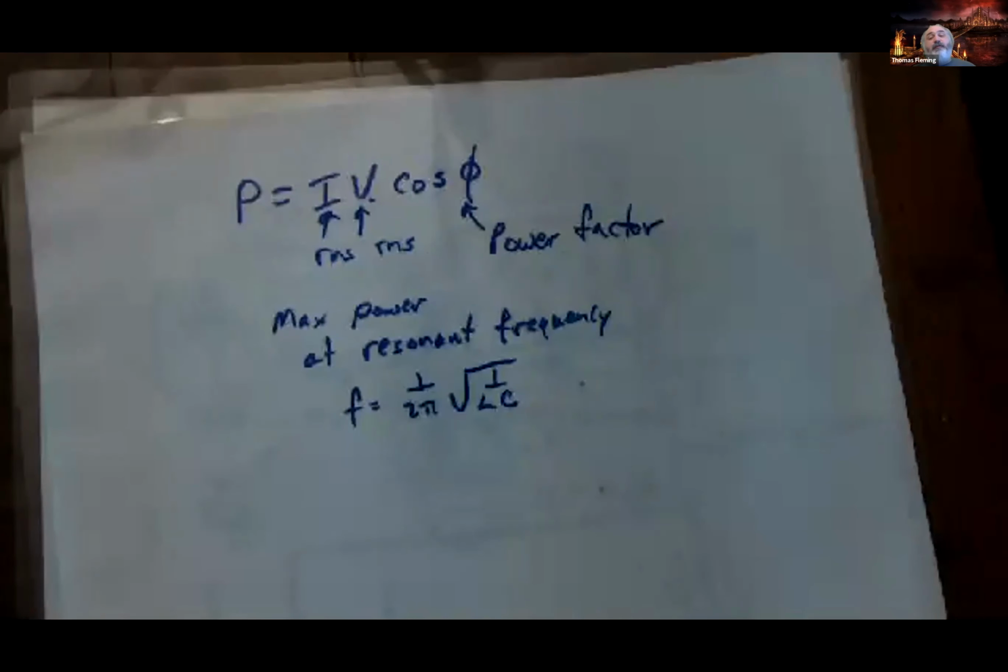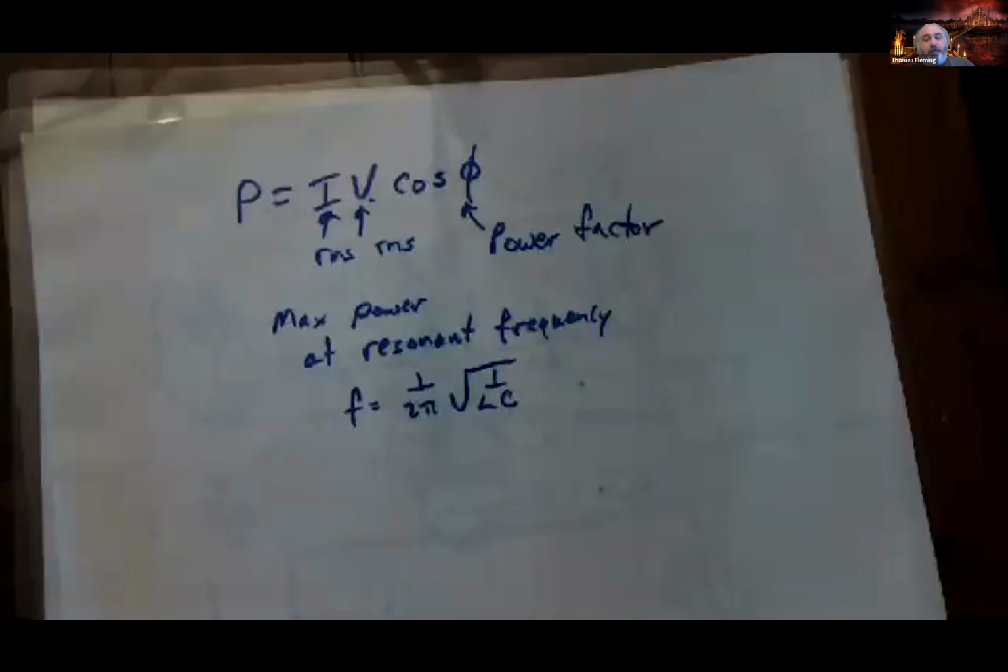You can't put the peak voltages or the peak current in. It's got to be the RMS values. But that's how you calculate the power being generated by an AC circuit. And again, it's trivially easy, but super important.